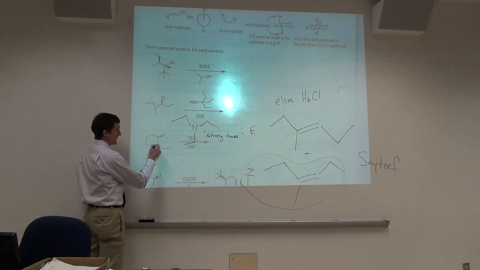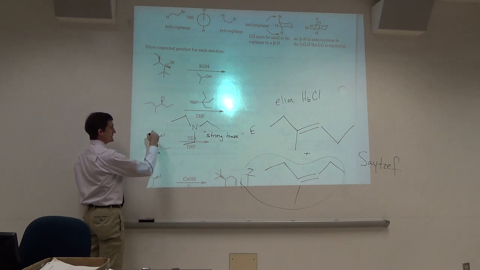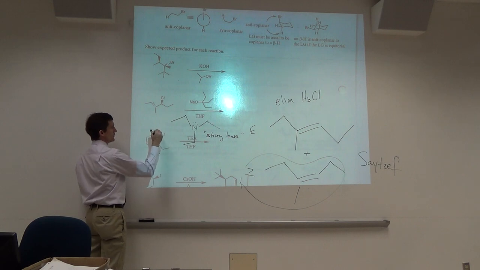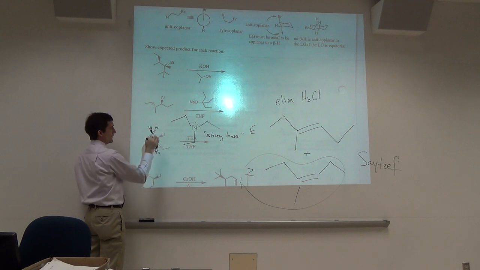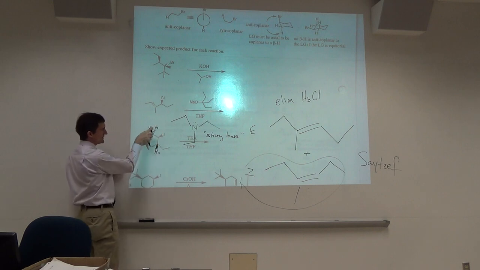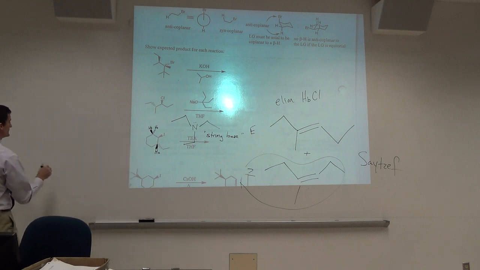Why 4 products? I see a beta hydrogen here, HA, and I see a beta hydrogen here. There's actually 2 there, but either one, would it give the same product? Did you get a different product depending on which you eliminated? Do you get cis and trans as well? I don't see any cis or trans possible.